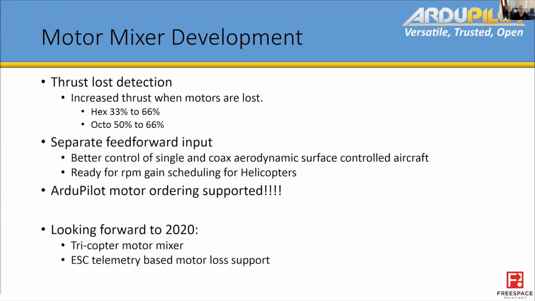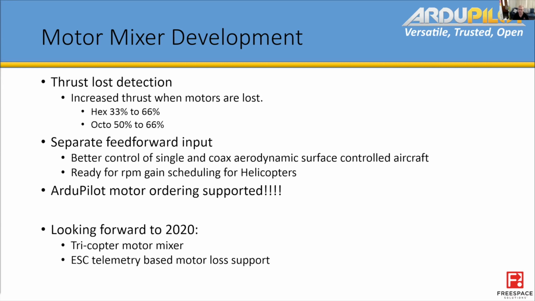So moving from the motors deeper into the autopilot, through the year we've had a few nice solid steps forward in the aircraft and our ability to control the aircraft.